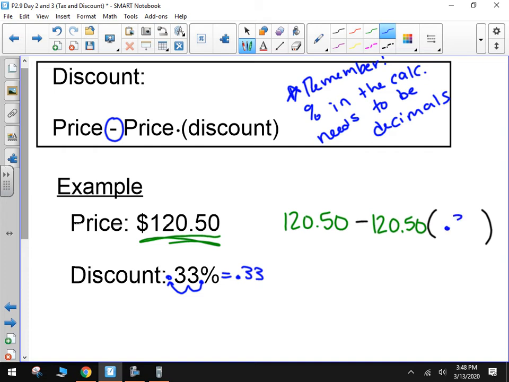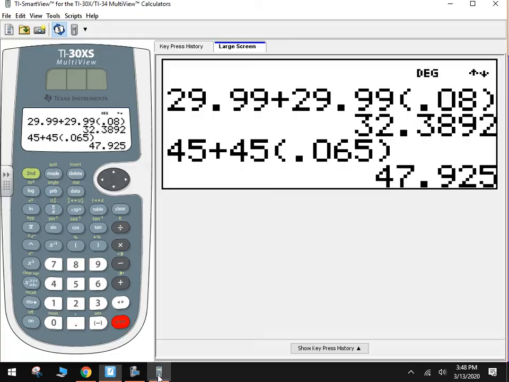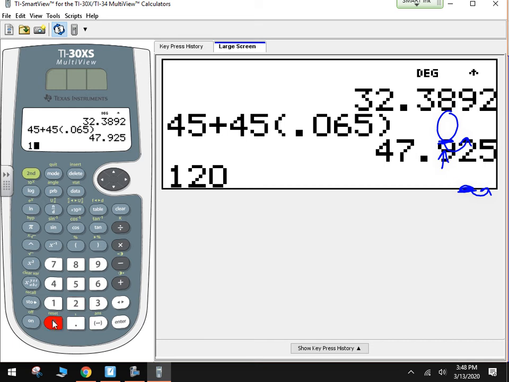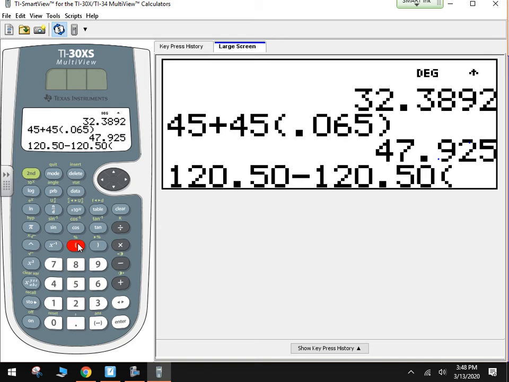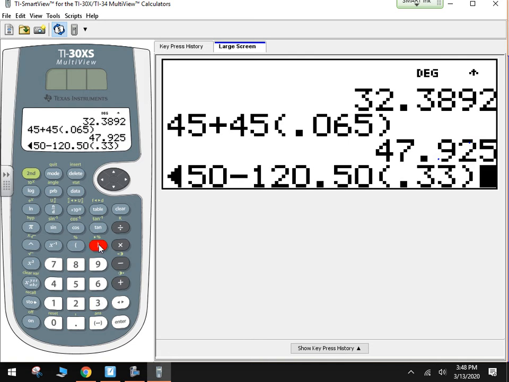And it's the same as before. I type the 120.50, but this time I put a minus. And I type in the 120.50 and I put a parentheses, 0.33, close the parentheses, and I get 80.735. And again, we're still talking money, so we have to round that to 2 decimal places.